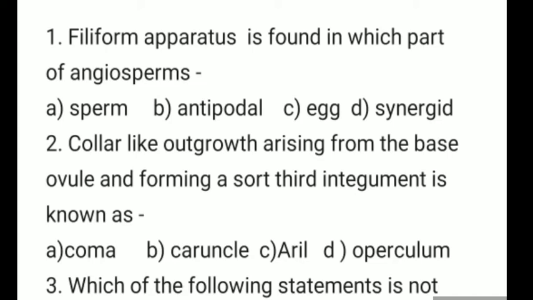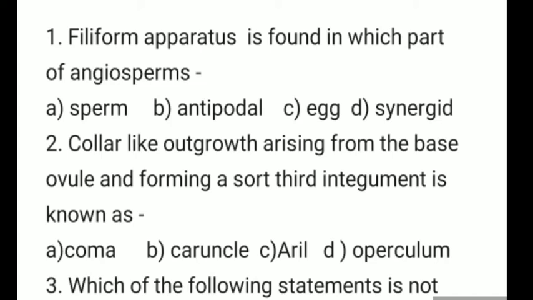The answer is option C, aril. Aril is a collar-like outgrowth from the base of the ovule and forms the third integument. It is present sometimes as in lychee or asphodelus, or in the form of the caruncle in the ricinus. It means castor.